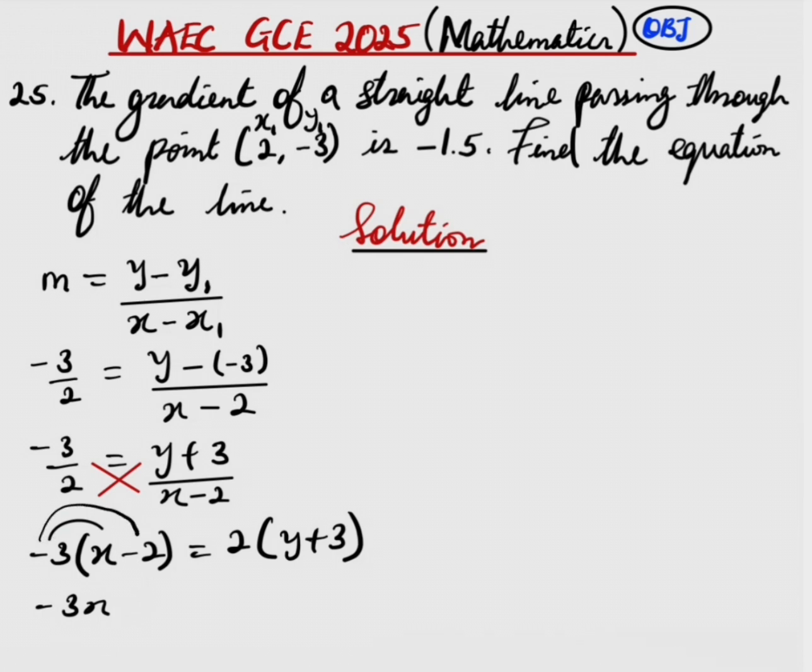And also -3 multiplied by -2 gives +6. On the right hand side, we have 2 multiplied by y, 2y, and 2 multiplied by +3 gives +6.